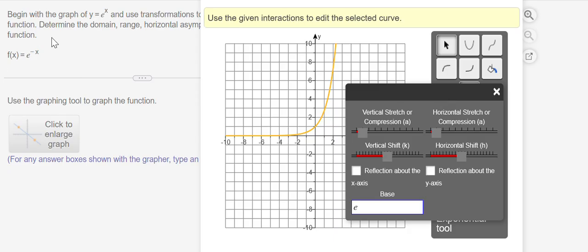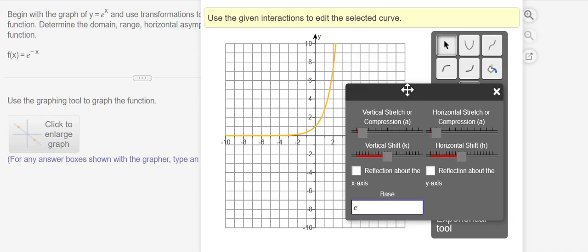And I'm moving this as well so we can see better. All right, so my function says f of x equals e to the negative x. So I want you to think about the x being negative, like if it's your slope. So now it's going down. And this is a reflection on the y-axis.